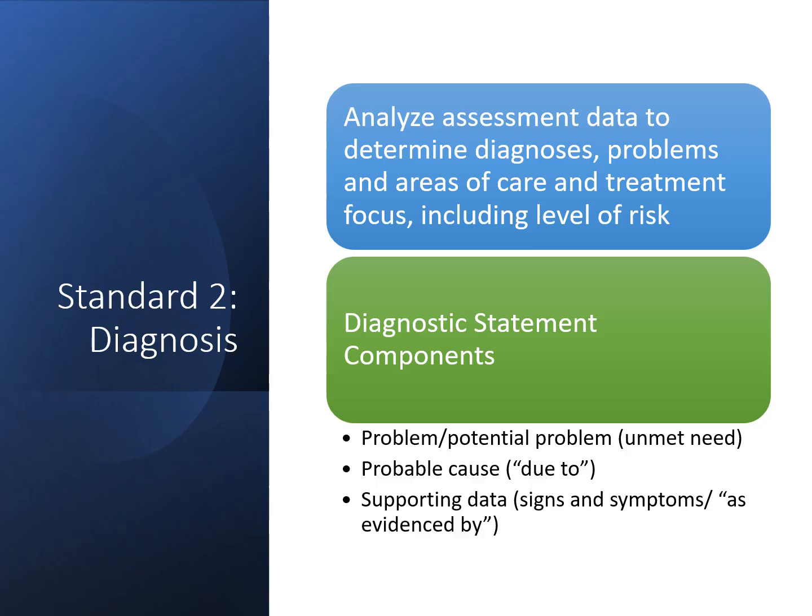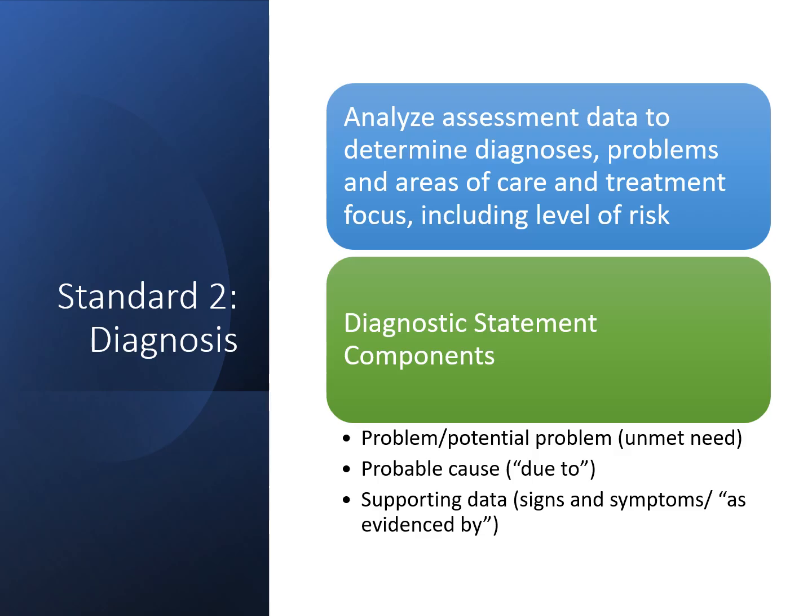So again, standard 2, as we look at following the nursing process, standard 2 diagnosis falls under that. Once we've collected our data and looked at all our data, lab values, diagnostic tests, things of that sort, we're going to determine the diagnosis.